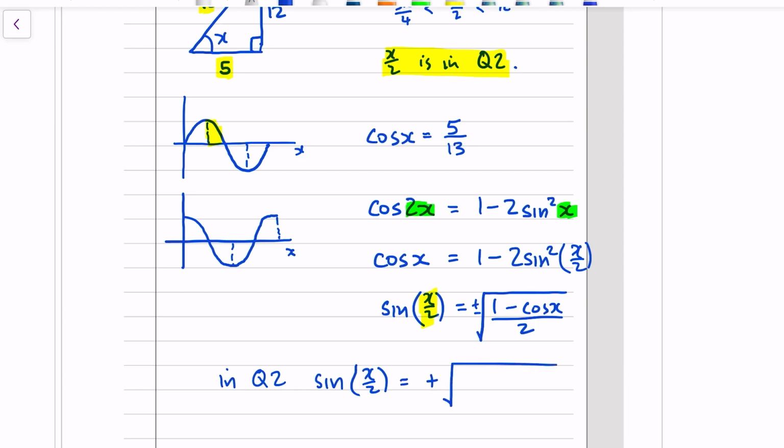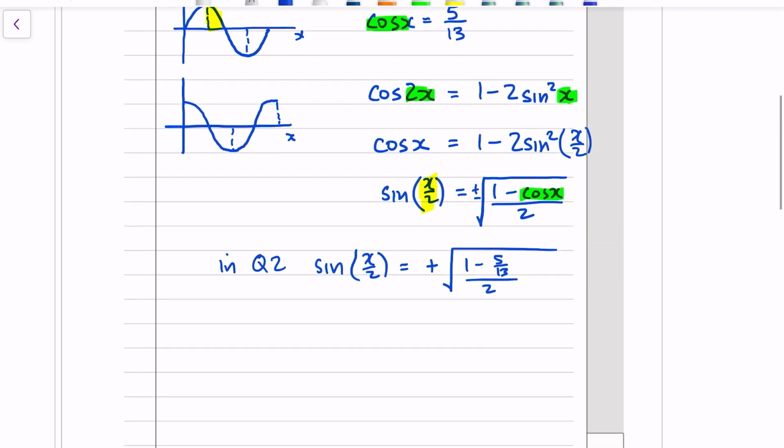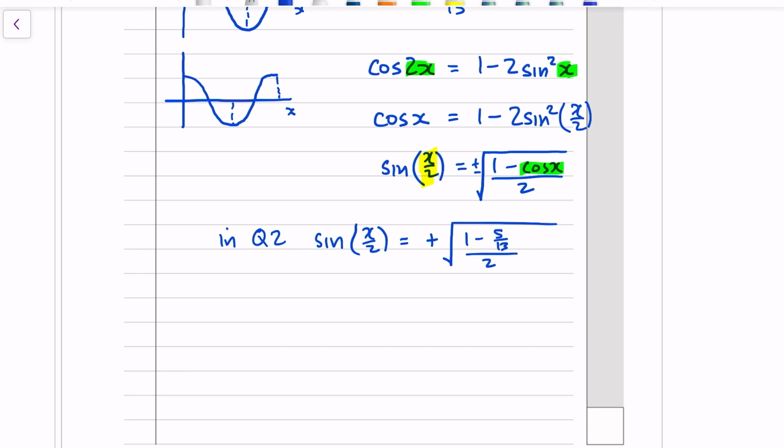But remember that we already knew what cosine x was. Cosine x is 5/13, so we can replace the cosine x there with 5/13. 1 minus 5/13 all over 2, and if you simplify that, you get 4/13 or 2 over root 13. And that's the answer.